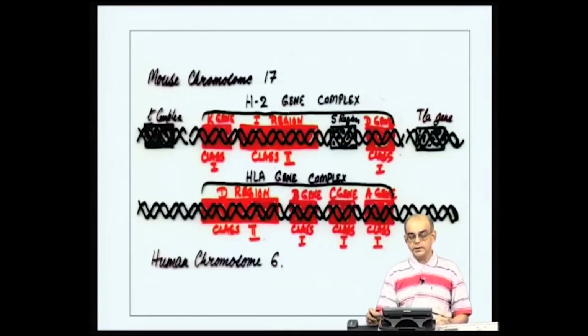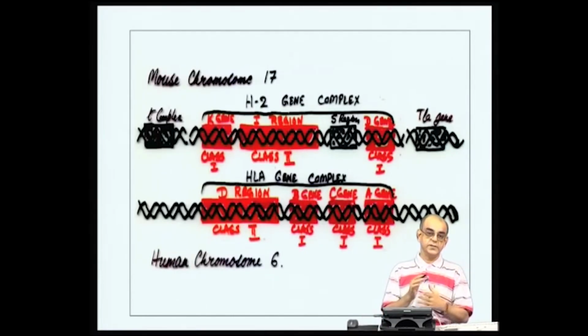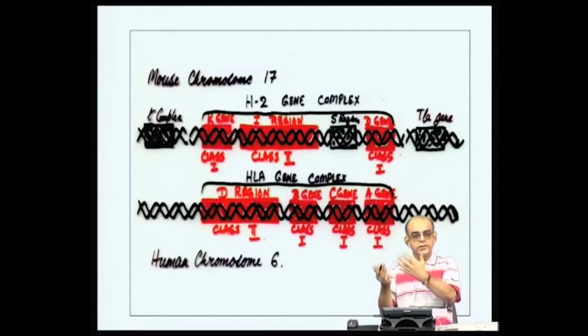Now, in order to understand what these antigens are, let me give you a little introduction before we go on to the history of how MHC antigens were discovered by breeding inbred strains of mice. What do you mean by an inbred strain? Inbred strains of mice are mouse strains where all the genetic material, that means all the chromosomes, were homozygous.